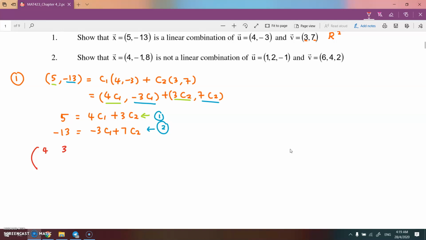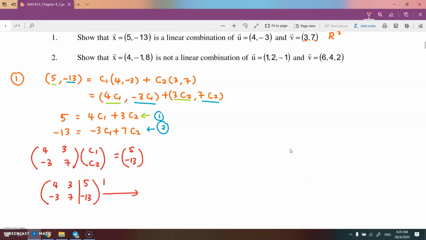So this is the first equation. You have C1, C2 with (4, 3, 5) and (-3, 7, -13).